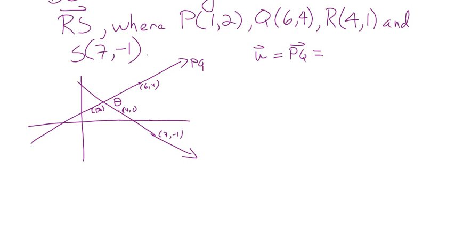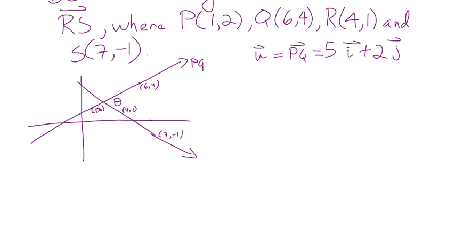Give me U in terms of i and j. For me to go from P to Q, 5i. So vector U, going from P to Q, is 5i plus 2j.